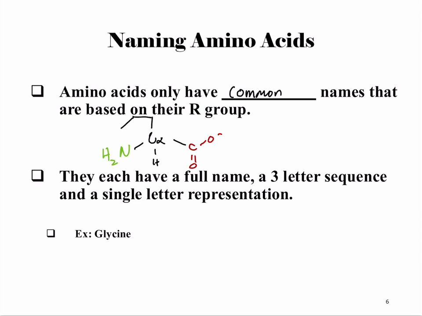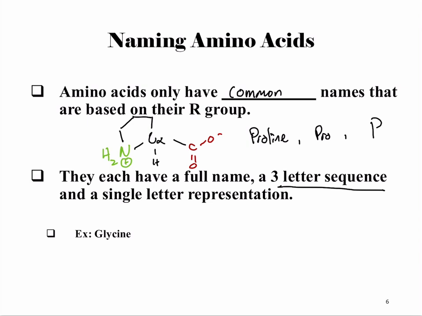This R group is proline, and it is actually bonded to the amine side as well. And so the name for this is proline. It has a three-letter identifier that is PRO and a one-letter identifier that is P. We also have another example here.